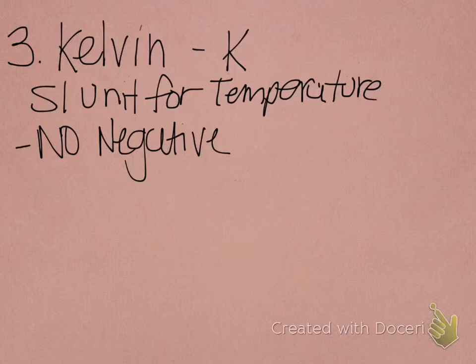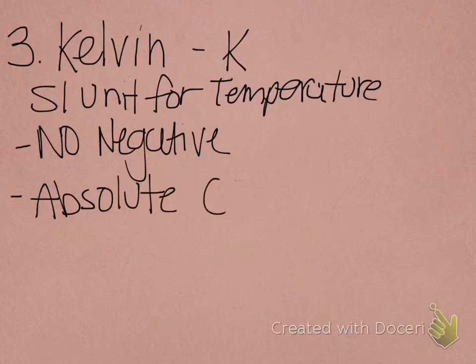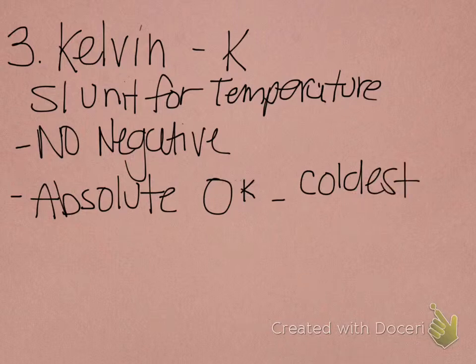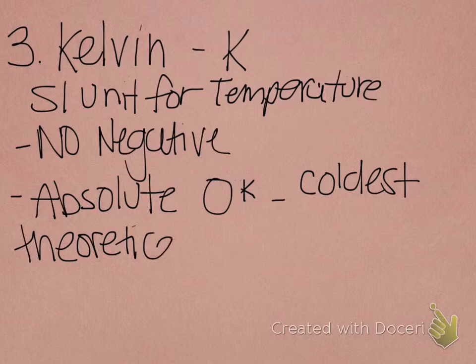So what we call the lowest temperature that is possible is absolute 0 on the Kelvin scale. So it's the coldest theoretical temperature. Now, what does this theoretical part mean? It means we've never actually reached 0 degrees Kelvin.